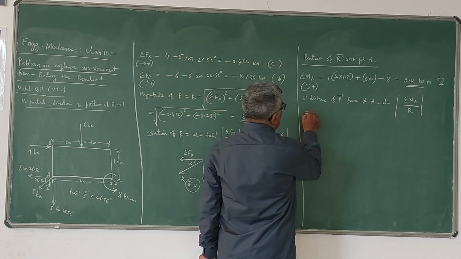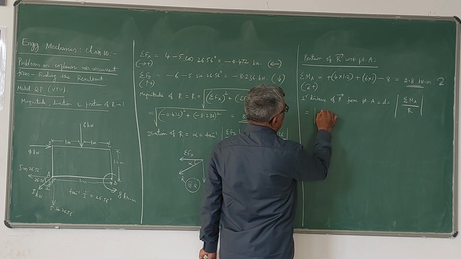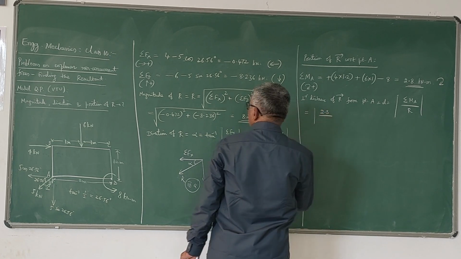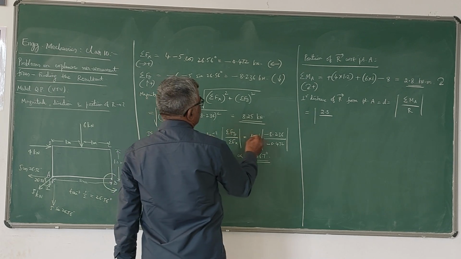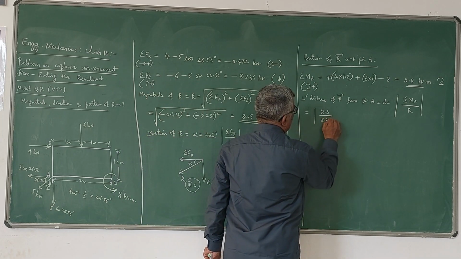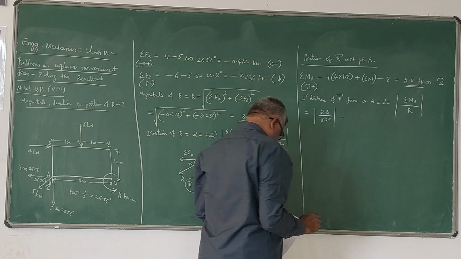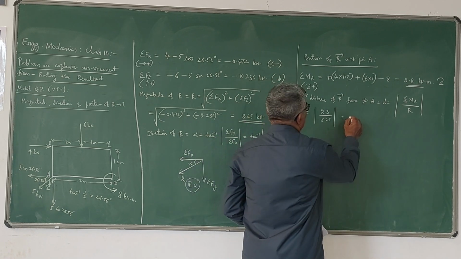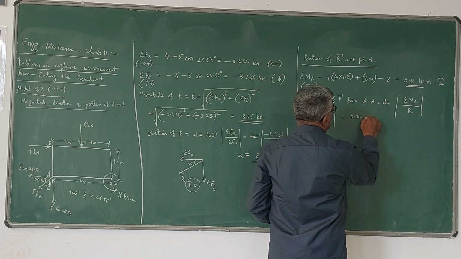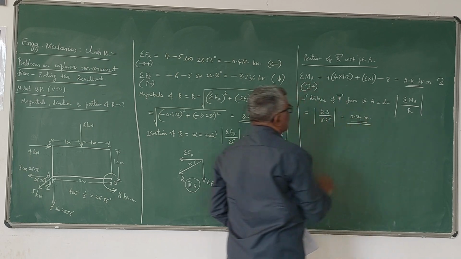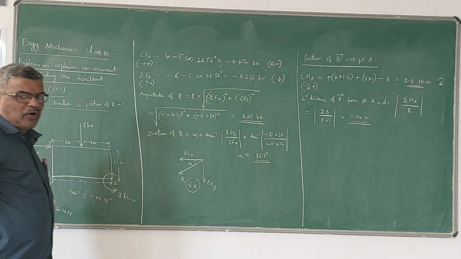So it is nothing but modulus 2.8 divided by R, the magnitude of the resultant, which is 8.25. If you simplify that, you will get 0.34. 0.34 meters is the perpendicular distance of the resultant from the point A.